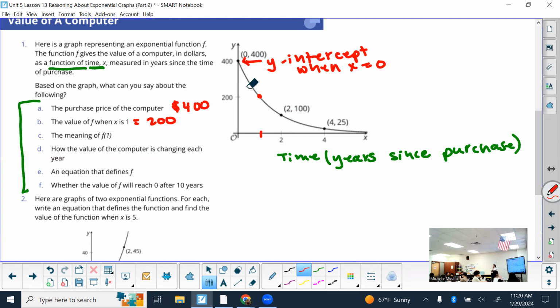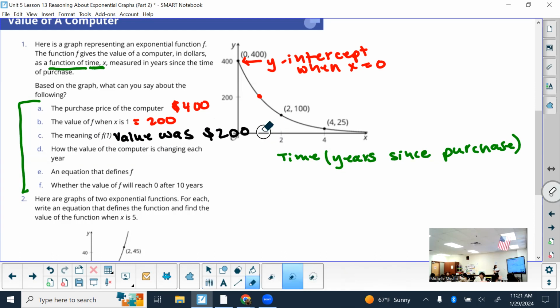So table 8, can you tell me what the meaning of f of 1 is? 1 year after computer purchase. Okay, so that covers the 1 part of it. We know that f of 1 equals 200, so can you incorporate the 200? It would be $200 1 year after the computer. Okay, good. So value was $200 1 year after purchase.